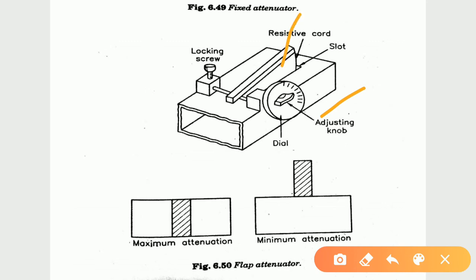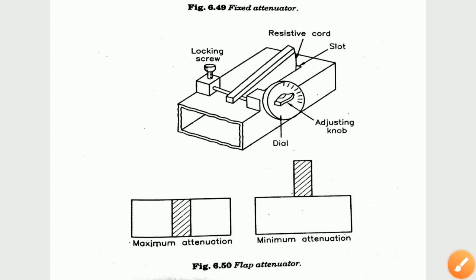The degree of insertion of the resistive card can be adjusted using this knob. If you rotate this adjusting knob, the resistive card can be moved in this slot, which provides continuous or stepwise attenuation. So this is basically the simple structure given for the flap type attenuator.